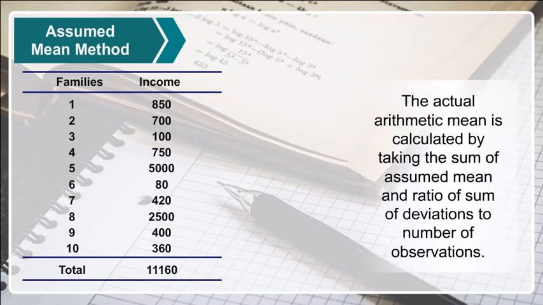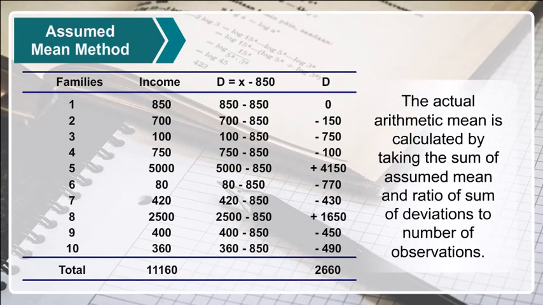Then we can use the assumed mean method. The actual arithmetic mean is calculated by taking the sum of the assumed mean and the ratio of the sum of deviations to the number of observations.